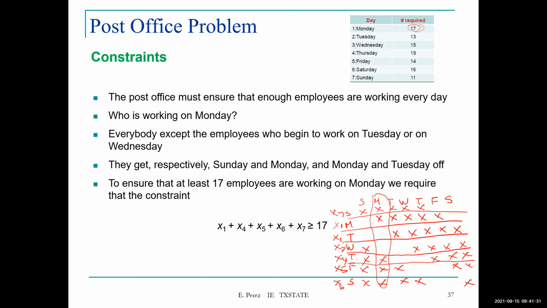So as I explained on Monday, if you're able to develop a table or a figure like this one, in which you set up the days as a column and the days as a row, and then you start mapping how long each shift will go. So for example, if you start on Sunday and you work 5 days in a row, you're gonna stop on Thursday. If you start on Monday, you're gonna stop on Friday.